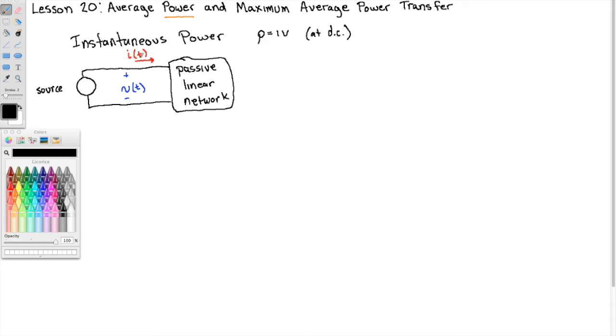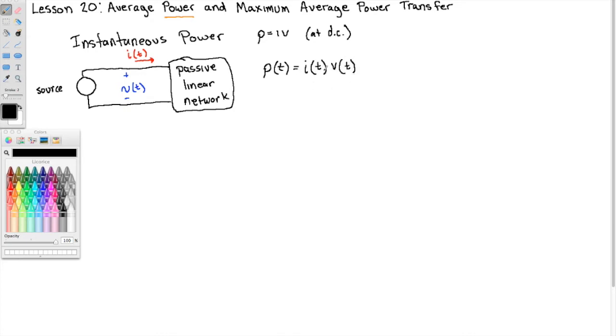These V and I are changing with time, so every slice of time this holds. So now we have, for AC circuits, the power, P of T, it's a function of time, is I of T times V of T.